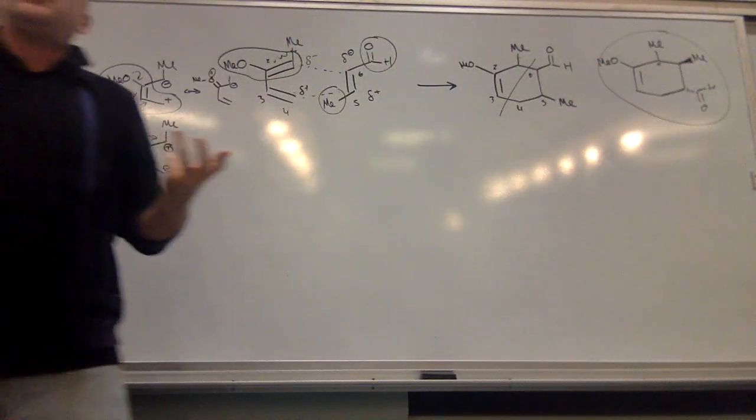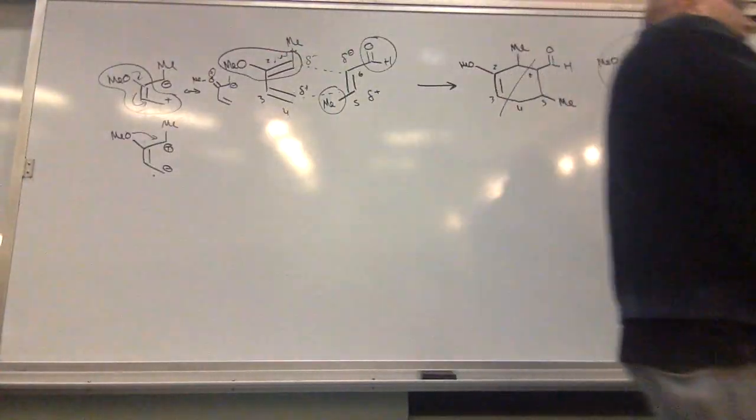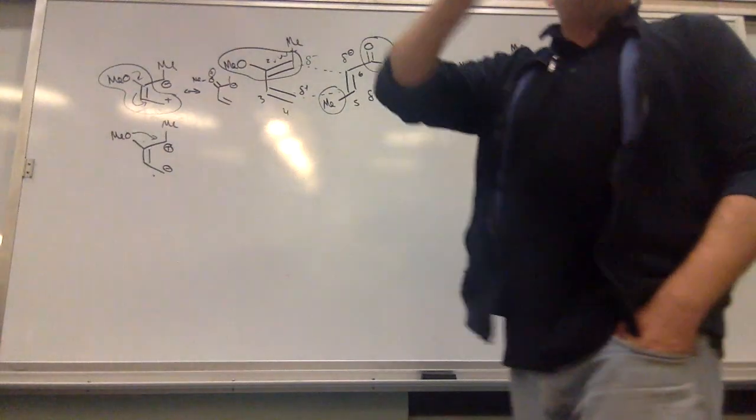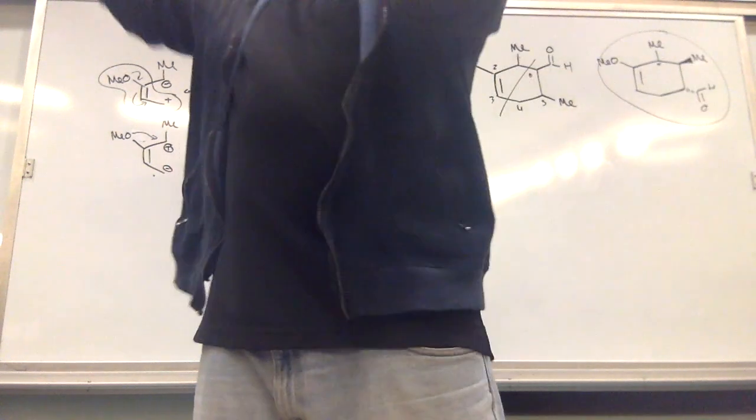Now, if you look on some of my quizzes and exams in the past, it's fairly common that I will say, draw the product with endoselectivity or draw the product with exoselectivity, in large part because I want you guys to be able to draw both, right? And I don't want you guys just getting in the habit of only drawing one and memorizing how to draw the one.